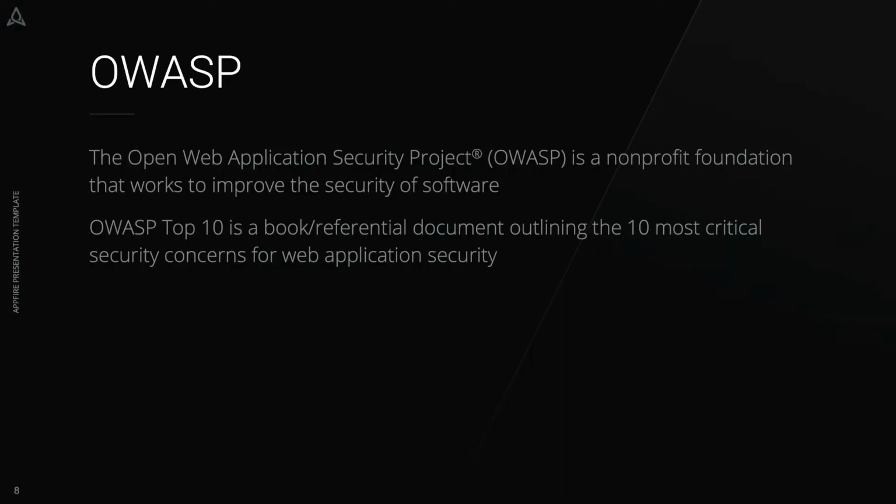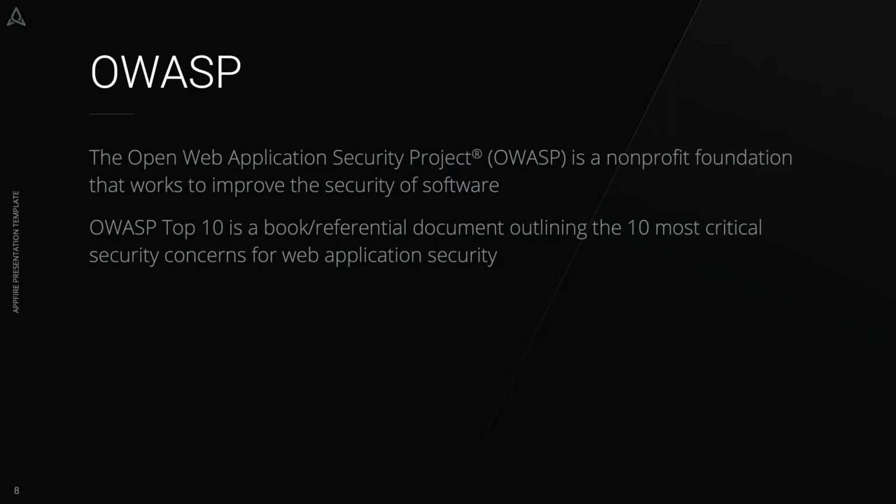Okay, let's start with OWASP. What is OWASP? OWASP is a non-profit foundation that works to improve the security of software. OWASP has a website on the internet where you can find lots of information on how to prevent all kinds of security attacks. The most famous thing about OWASP is the OWASP Top 10 list.